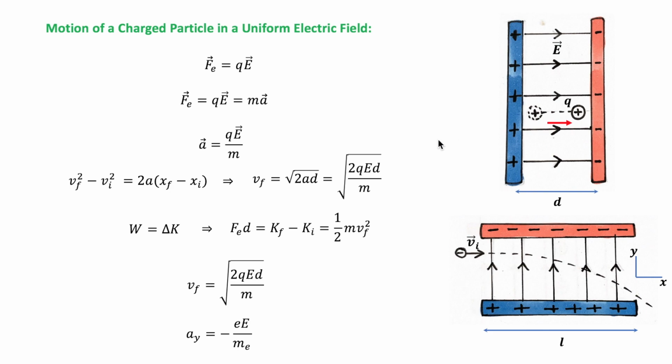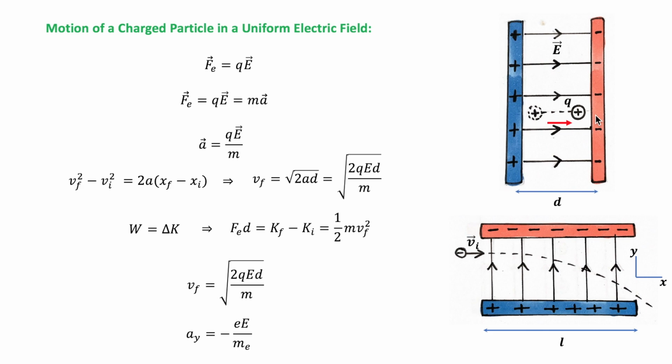In this example, we have two parallel plates of opposite charge, and this test charge is released from rest here. Because the field is uniform, it will experience a constant electric force and therefore a constant acceleration, and it will accelerate towards the negative plate.